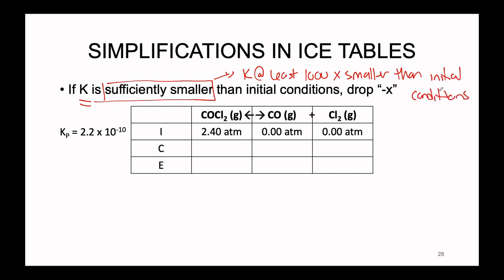All right, so if your K is at least 1,000 times smaller than initial conditions, we are going to be able to skip this drop minus x step, and I will lay out exactly where that comes into play in a second.